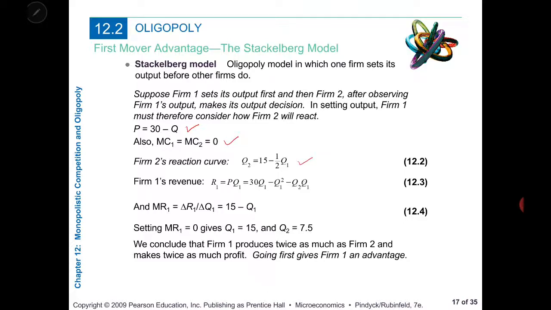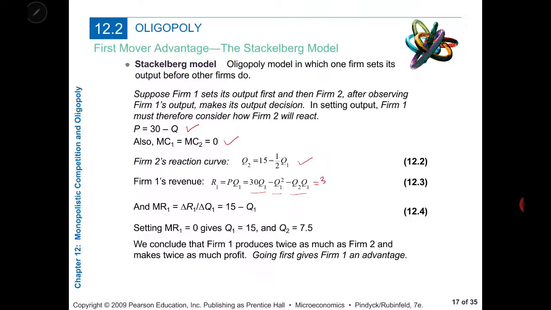Now let's look at firm 1's revenue. Okay, firm 1's revenue is 30Q1 minus Q1 squared minus Q1Q2, which is the same as just now. We are just bringing this back. Okay, and we will expand now to replace Q2 here.